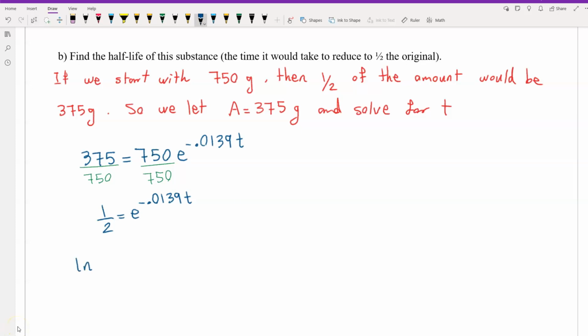So we have natural log 1 over 2 is equal to natural log e to the power of. Now we can cancel this part because of the unspoken base e.